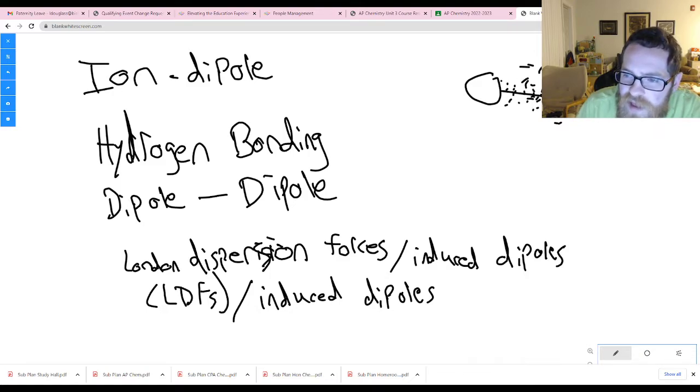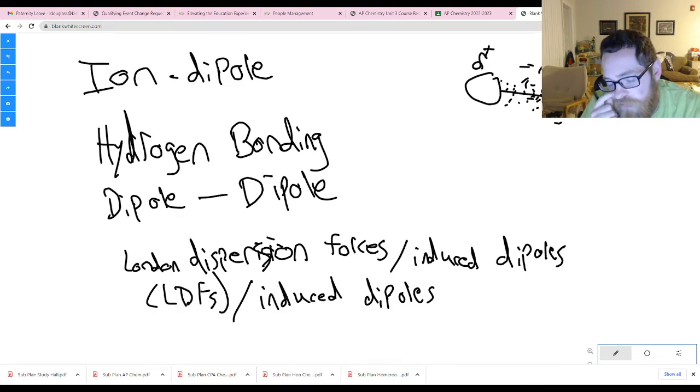You get one atom that has a partial negative charge. When we have partial negative charges, we draw them like little deltas. This also results in a partial positive charge because this one is missing it. This is a dipole.